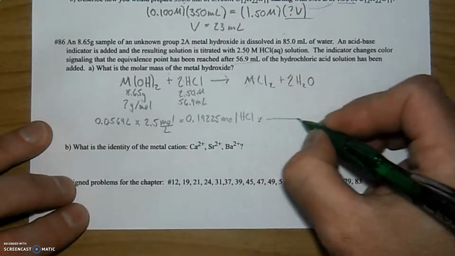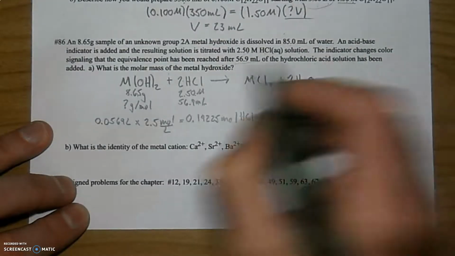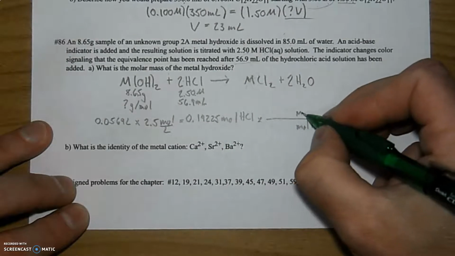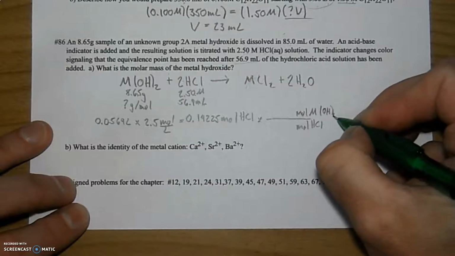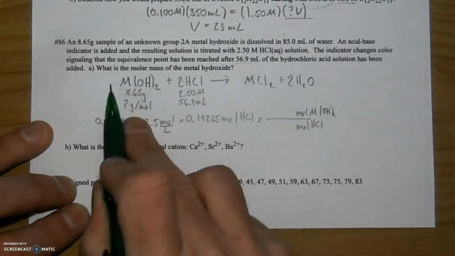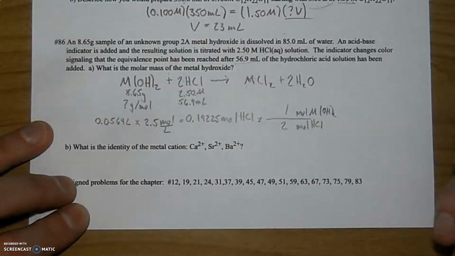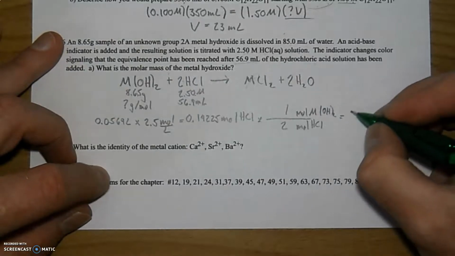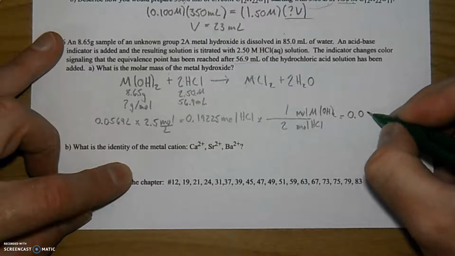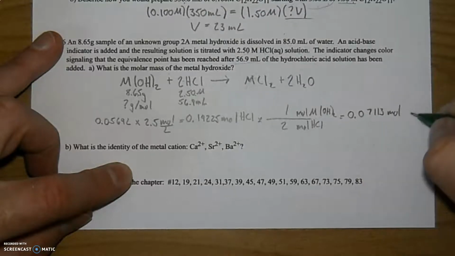Your next step is to take those moles of HCl, compare it to the moles of metal hydroxide. What are the numbers that are in front of each? It is a 1 to 2 relationship. Having that information, I can find that the answer should come out to be 0.07113 moles of the metal hydroxide.